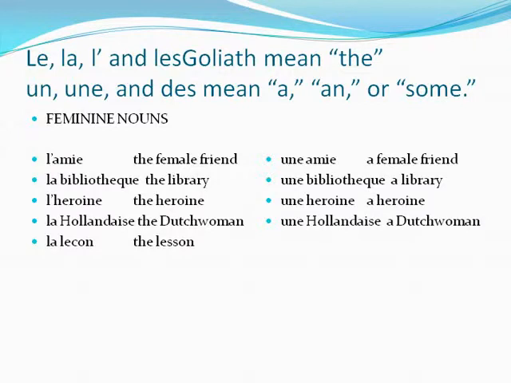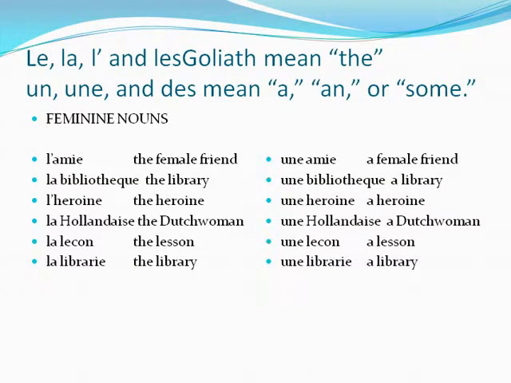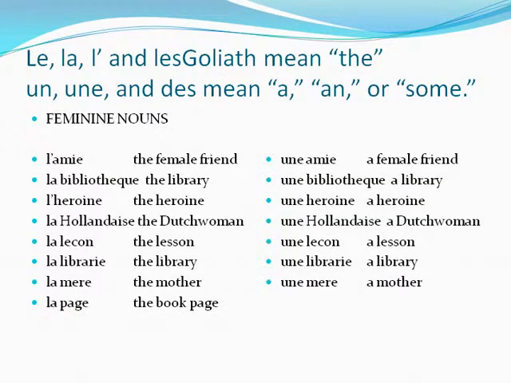La leçon, here's where I don't have the accent marks, it's driving me nuts. La leçon, the lesson, une leçon, a lesson. La librairie, the library. Une librairie, a library. La mère, the mother. Une mère, a mother.